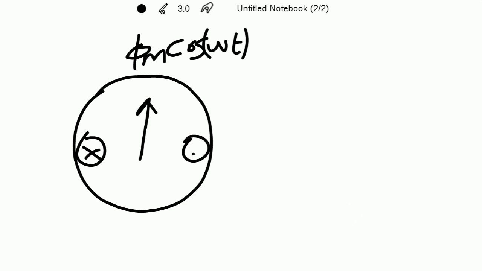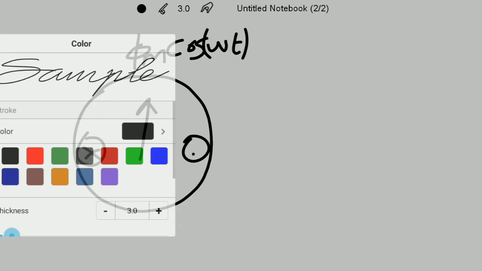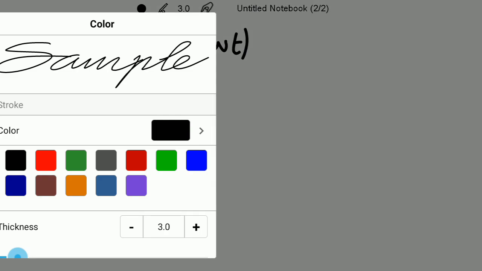So it varies sinusoidally. It is varying on a single axis, but a rotating field is not there here. So this variation can be represented by two rotating fields.